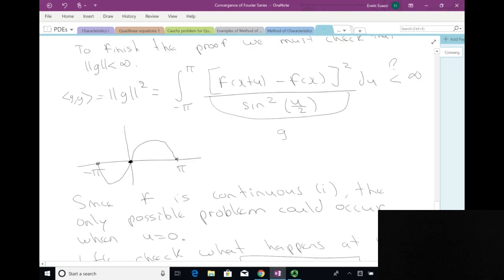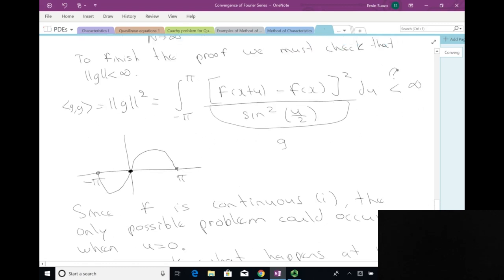So indeed, this integral is finite because the whole function is continuous. The integral of a continuous function on a closed interval minus pi to pi is fine. If the function is continuous, you can find this integral because you are finding the area, right? So that's no problem. You have no problem with that.